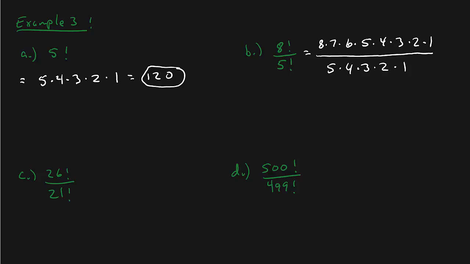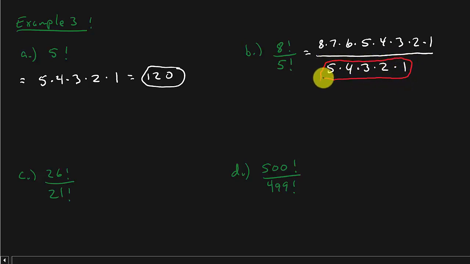I wrote this out the long way, everything on purpose on this one. And what I'm writing right here, you're not going to write all that out every time. I just want you to see this. Do you see this and this are the same thing? All those cancel out, don't they?